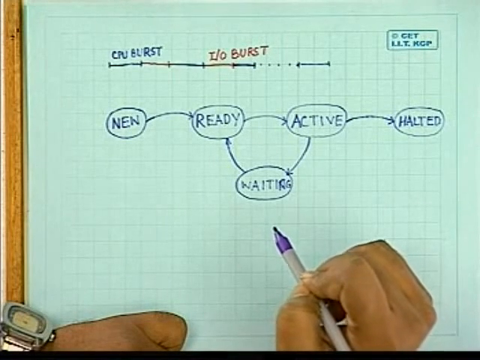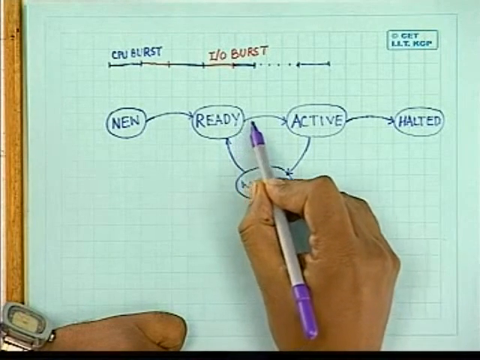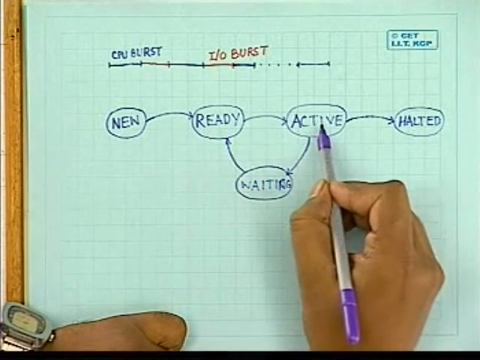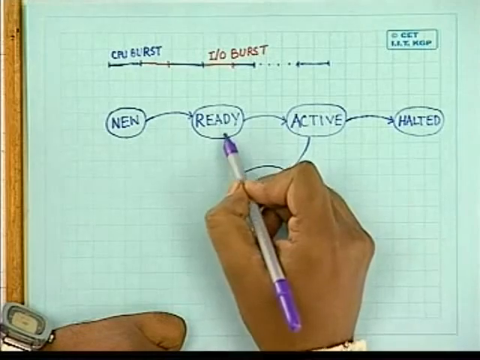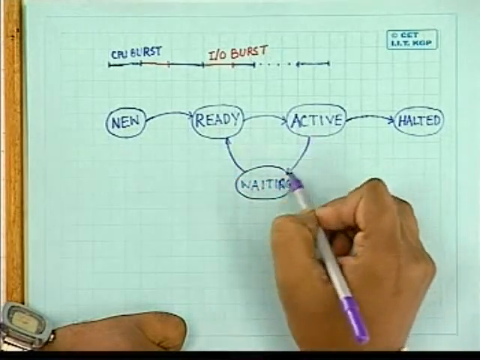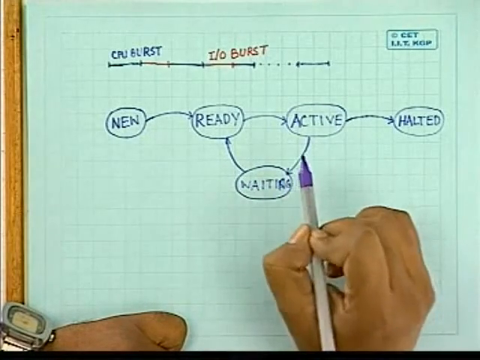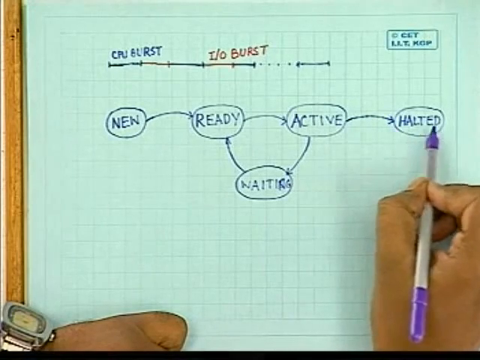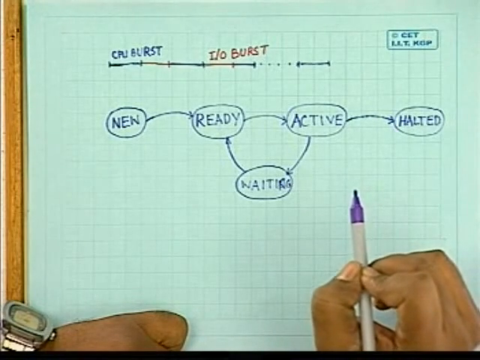So any typical job will go through a number of cycles from ready state to active state to waiting state to ready state again. It goes through a number of cycles in these three states, and then finally when the last CPU burst of the job is complete, it will come out of the system and go to the halted state.